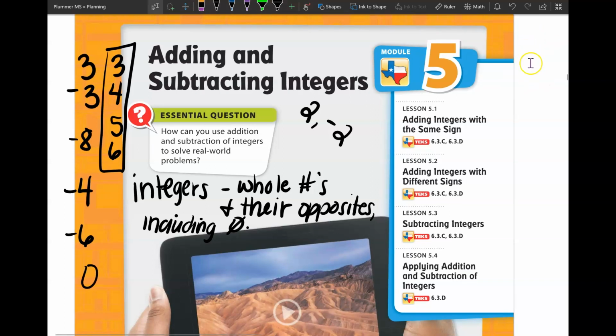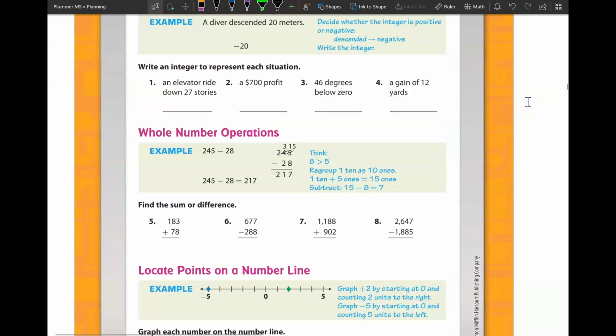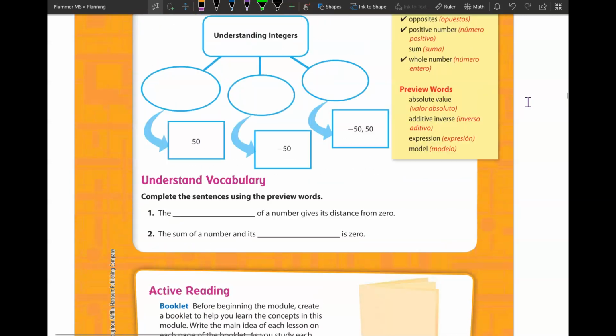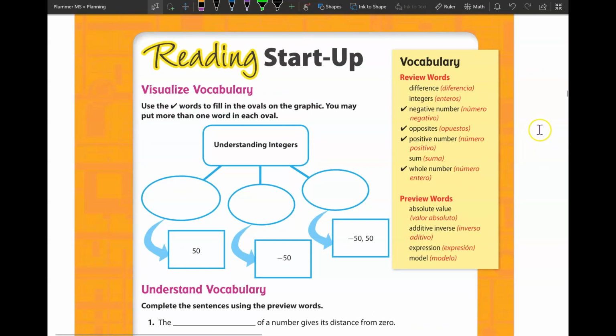So what we're going to do now is add integers with the same sign. Before you got to this video, there's a link for you to go to Clever, to go to Brainingcamp, so you could get the 2 color counters that we're going to be using. But before we do that, let's do some vocabulary. Use the checkmark words to fill in the ovals on the graphic. You may put more than one word in each oval.